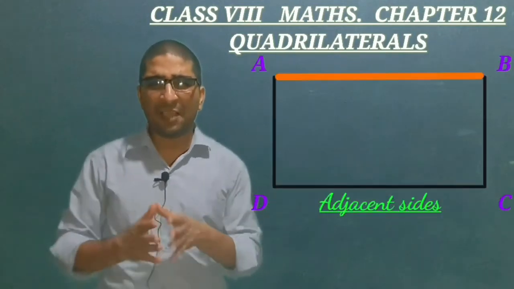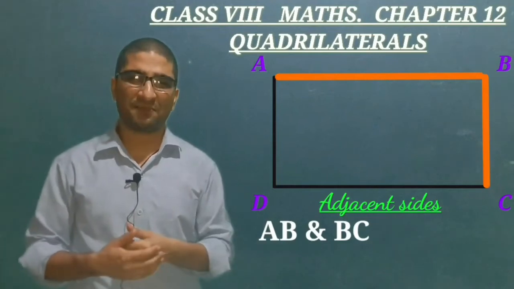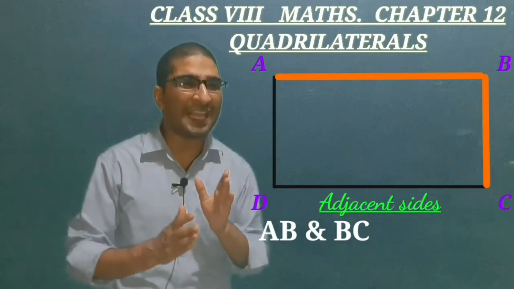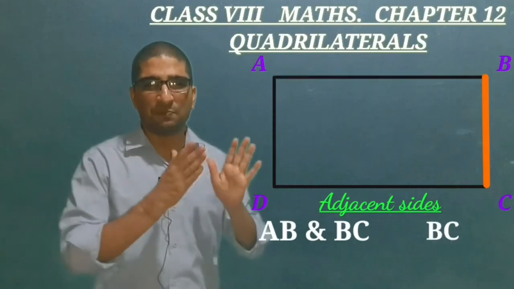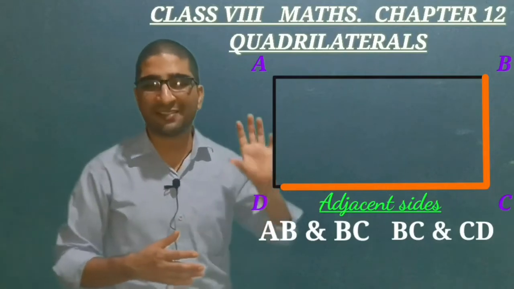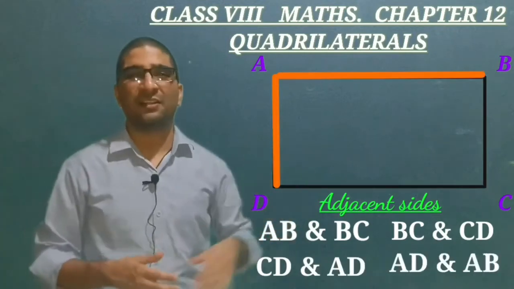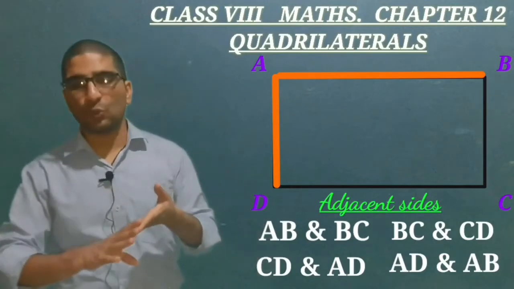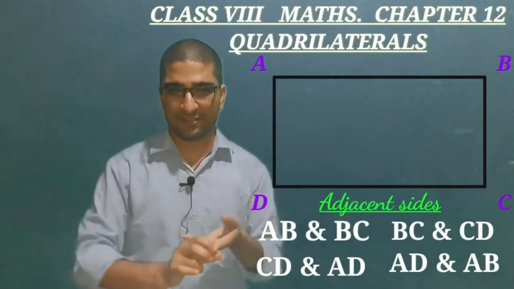In the figure, AB and BC are adjacent sides because they meet at the vertex B. Similarly, BC and CD are adjacent sides because they have the common vertex C. CD and AD, and AD and AB, are also adjacent sides. So adjacent sides means the two sides have a common vertex.